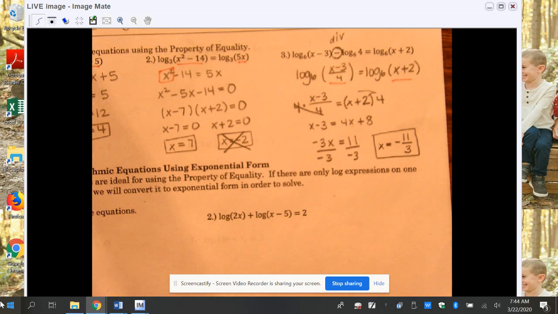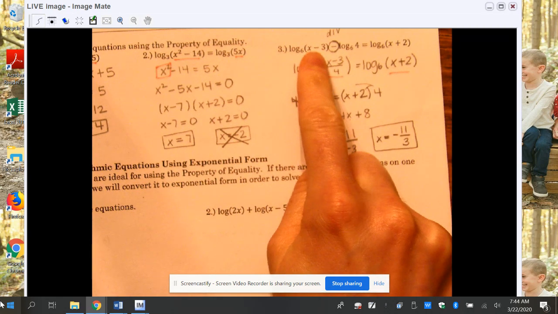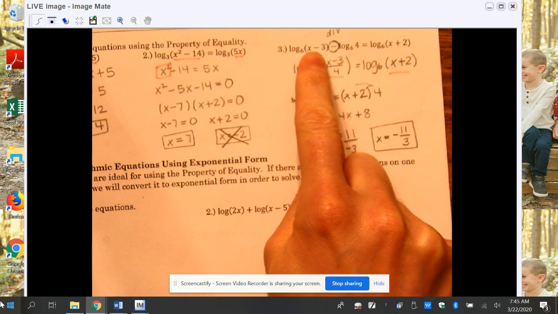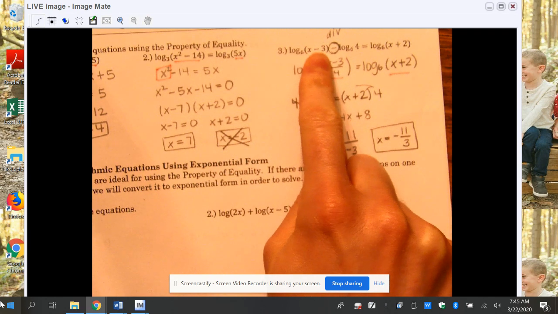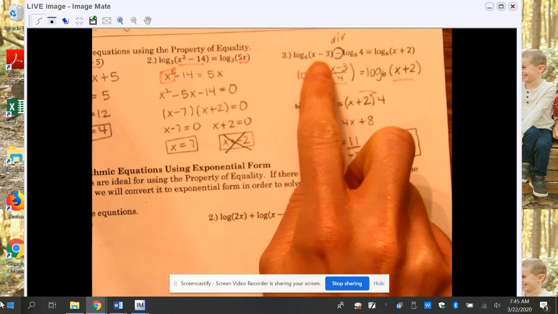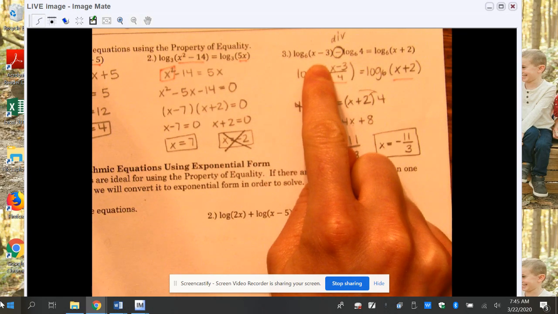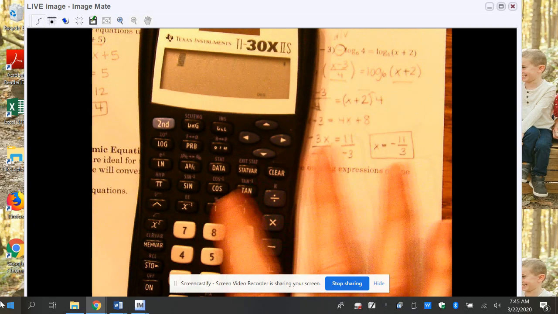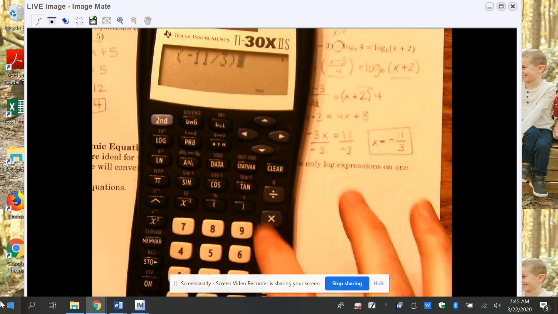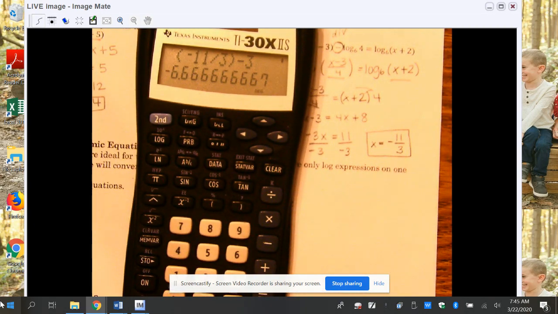And so I have to go back and check, make sure that value doesn't make any of my logs negative. So when I go and look at this, I see that it's x minus 3. So if I put -11/3 in here and I'm subtracting 3 more from it, it's going to continue to be negative. -11/3 minus 3 gives me -6 2/3.